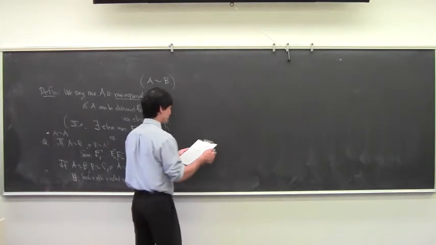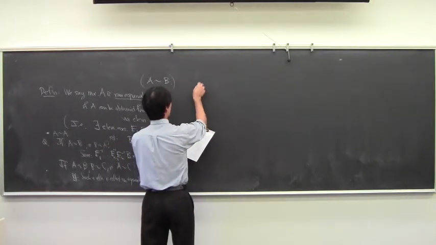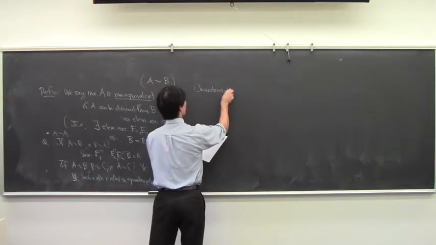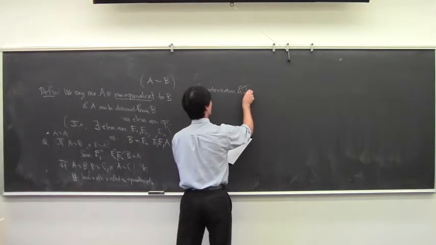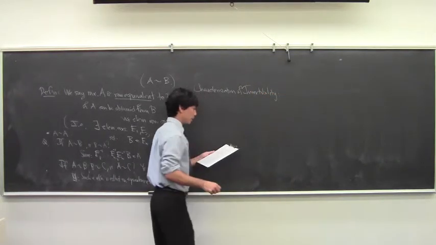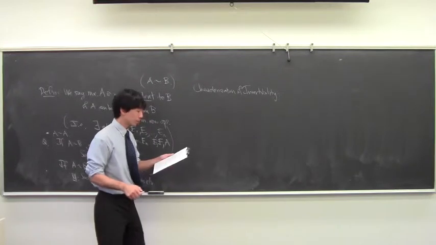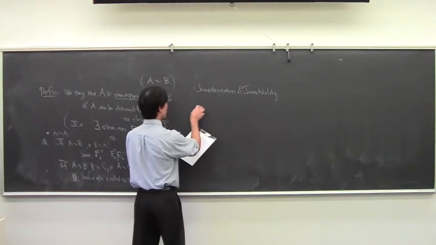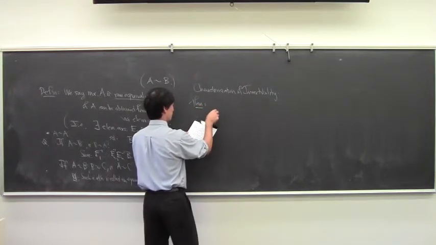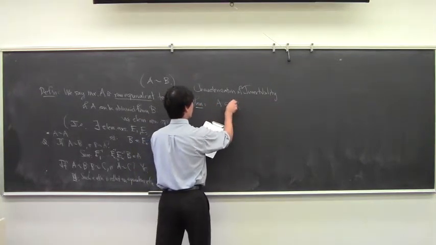Now we can get something which we'll call a characterization of invertibility. Here's the theorem. Let A be a square matrix.